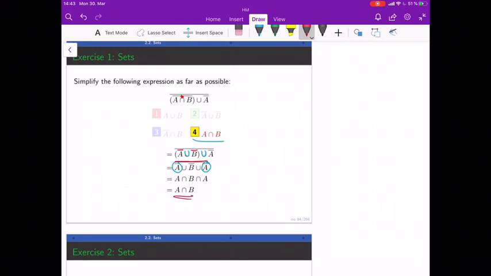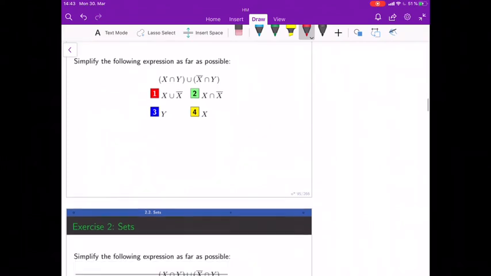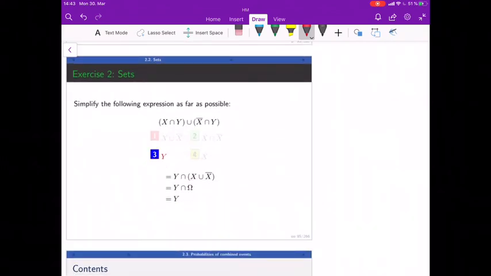Okay, well done. Let's do another one just for fun. So what's the outcome of this one? Perfect, yep. Why? What did I do? I used the distributive property, so you've probably seen intersection Y in both brackets, so I can combine them.